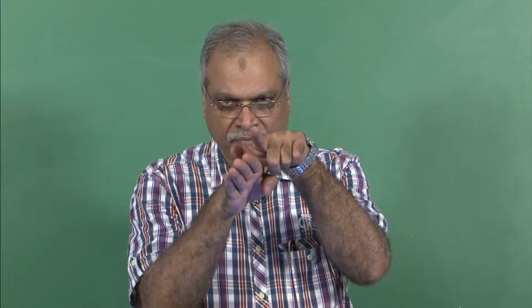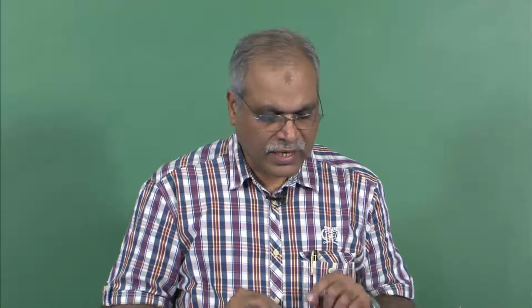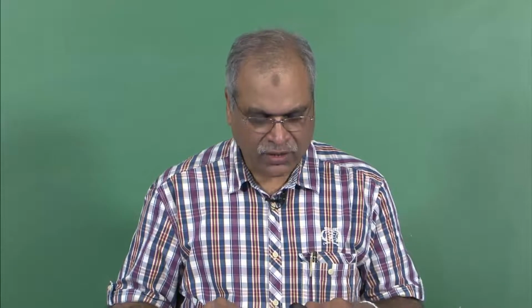The direction of the strike will be this, of this inclined bed, and perpendicular to that will be your dip direction. So it is very important how the structure is oriented, and what the amount of dip of the plane is. This is very important for us to identify.